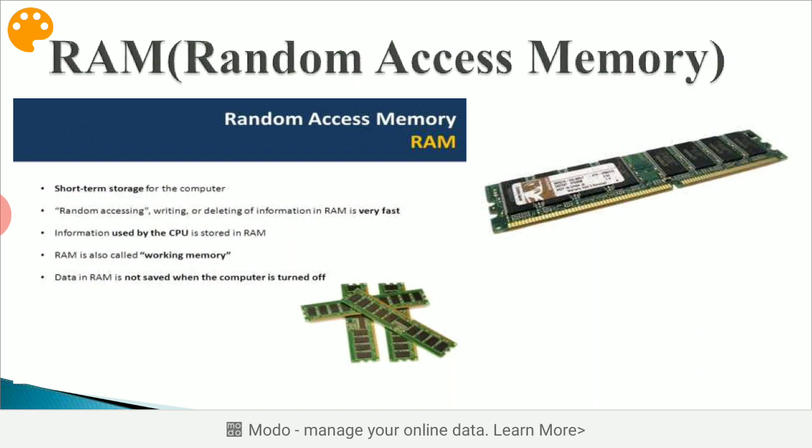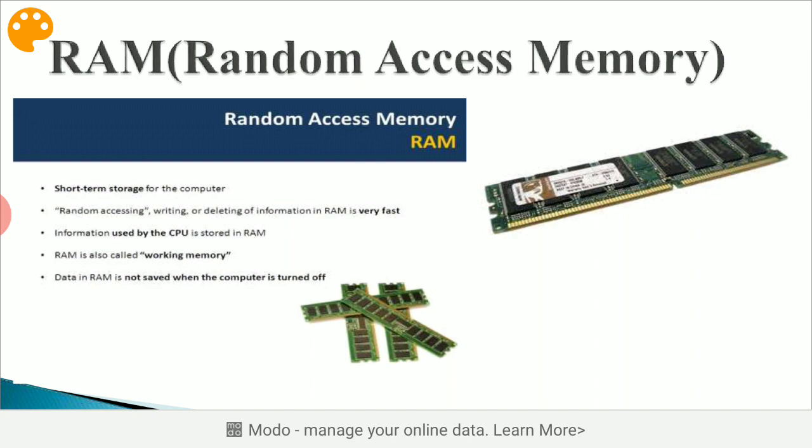Suppose you are working on MS Paint and drawing something. Suddenly your computer or laptop turns off because of low battery, and you have not saved your drawing. After charging your laptop, when you restart your computer and the Paint program, you find that your drawing is not there.